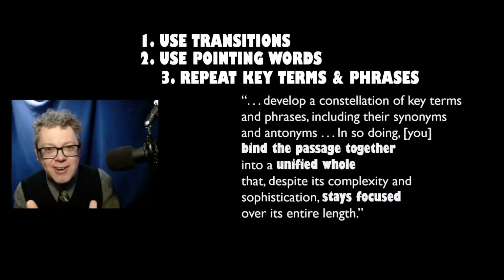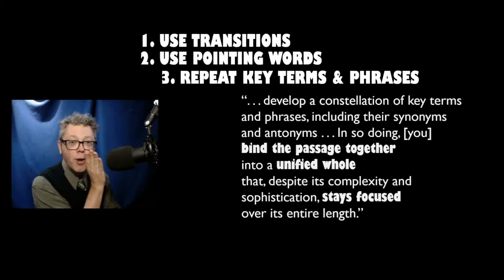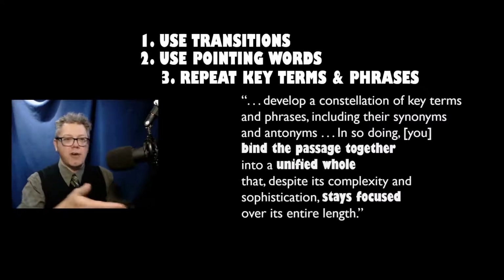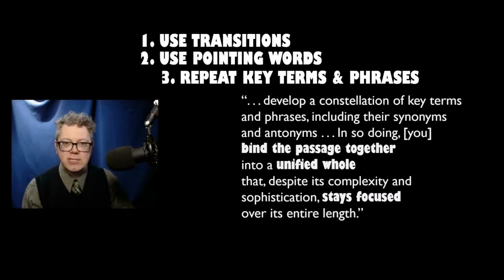But does your reader know what that is? You'd actually have to put in brackets to say, oh, by the way, that's a giant monster. Why don't you just say giant monster every time? Or, hey, let's talk about atomic weapons. Or the island of Japan. Or the nation of America. The United States. There's only so many ways you can say it. And at some point, you just got to use those key terms and phrases.